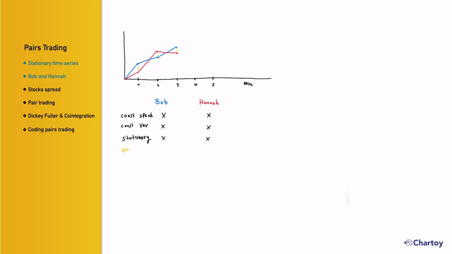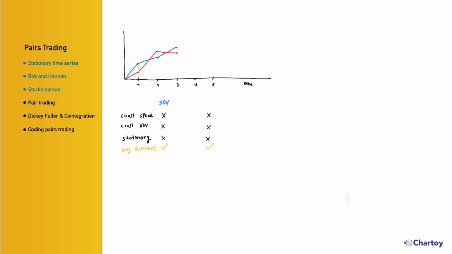But one thing we can say is that the distance between them stayed the same, it's constant, right? So we can say that the average distance between them is equal. And because it's equal, we can say that the distance between them is stationary. But what if instead of Bob and Hannah, we have two stocks?